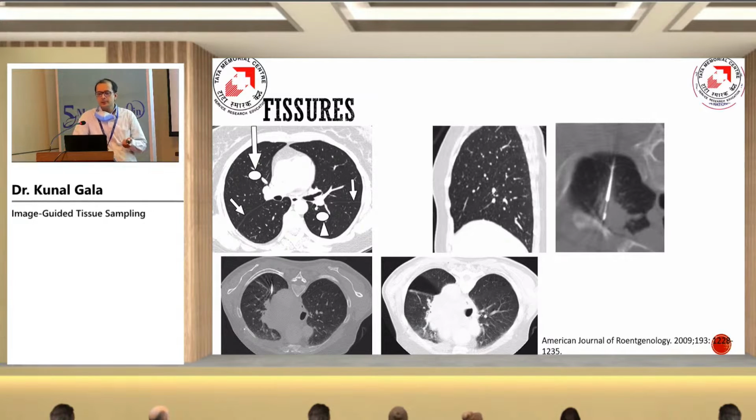So we will be penetrating four pleurae, and the chances of pneumothorax increase significantly. That's why generally we tell you to either do a hydrodissection or avoid those things. So fissures are important, as seen here. This is the wrong approach because we have penetrated the fissure, and this is the right approach where we avoid it.